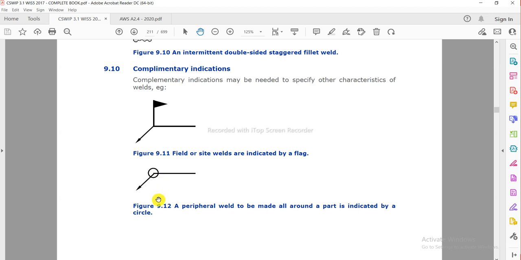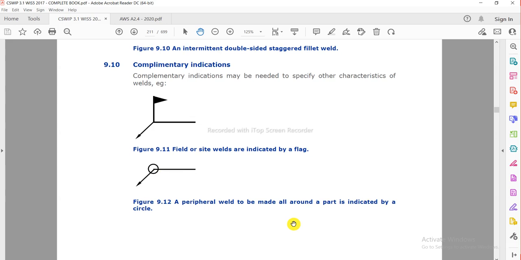And when there is a circle at the junction of the reference line and the arrow line, it indicates a peripheral weld, meaning welding will be all around the part.